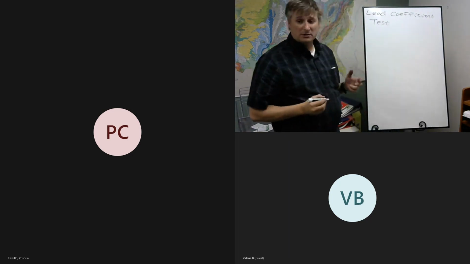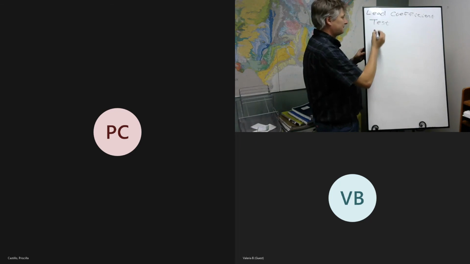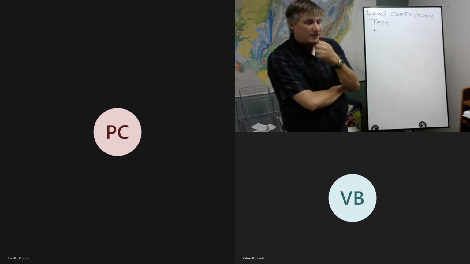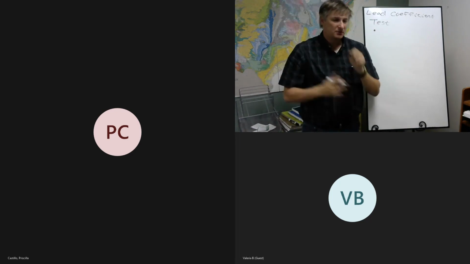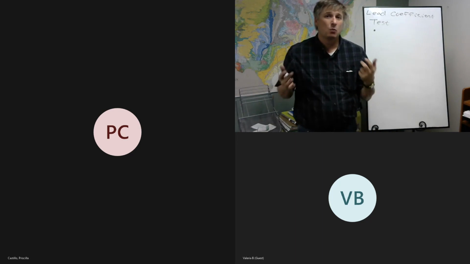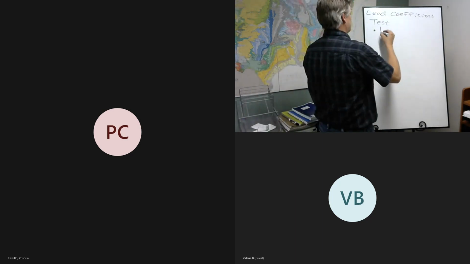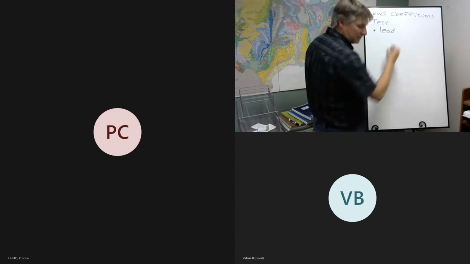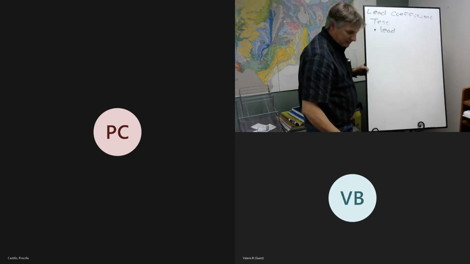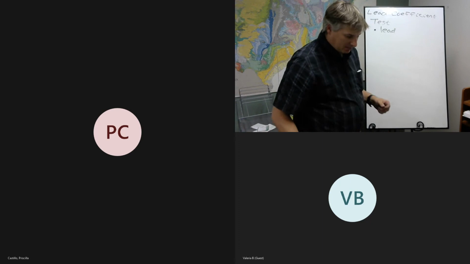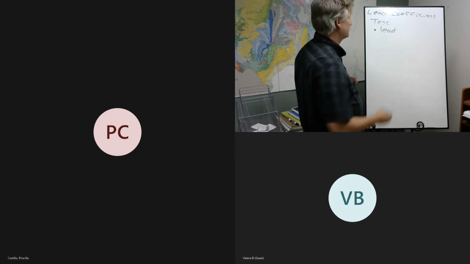And it works like this. When you identify the lead coefficient, it tells you what the end behavior is for the lead term. I should be careful. They call it the leading coefficient test, but it's really going to be the lead term.